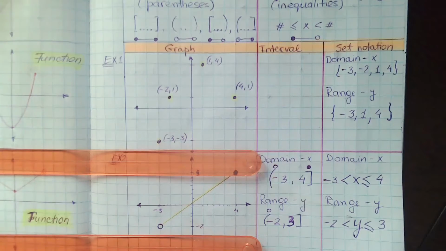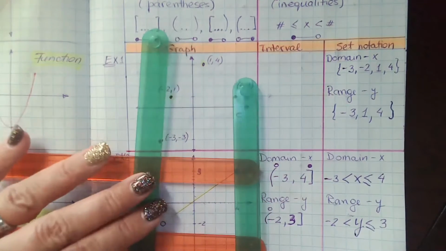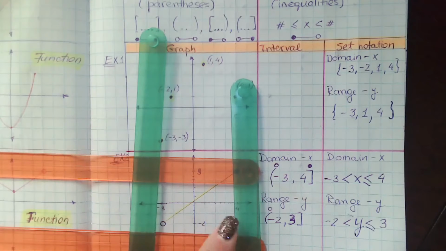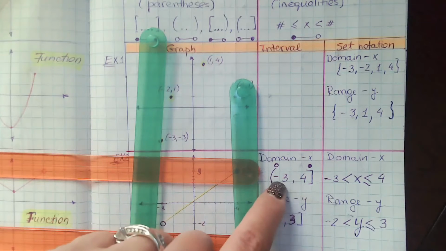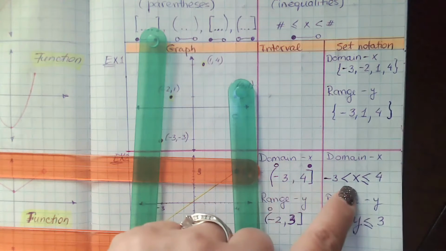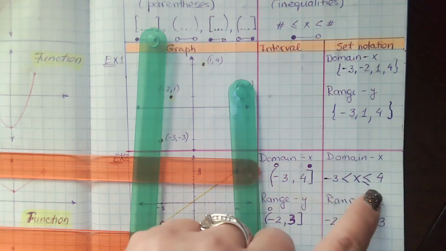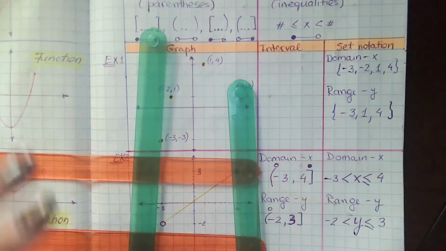Okay, so to double check, we have our x values from -3 to 4. So the interval from -3 to 4, or the x values are from -3 to 4, -3 being excluded, 4 included.